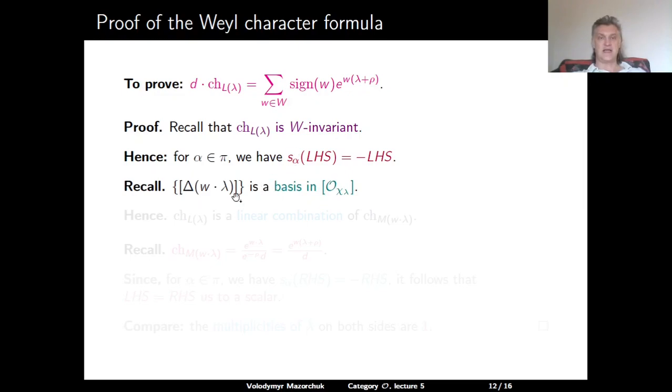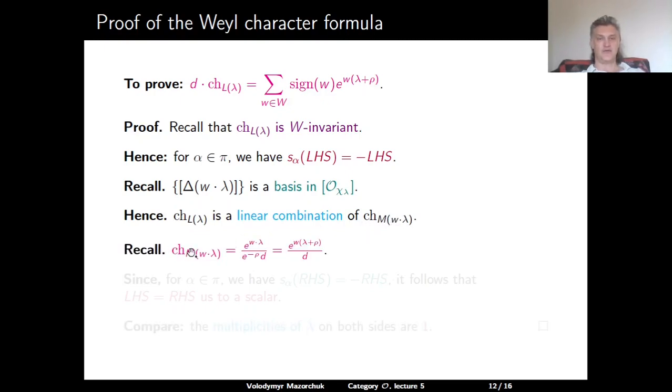Recall that we already established that the classes of the Verma modules form a basis in the Grothendieck group of O. So hence, the character of the module L lambda is a linear combination of characters of Verma modules, delta W dot lambda.